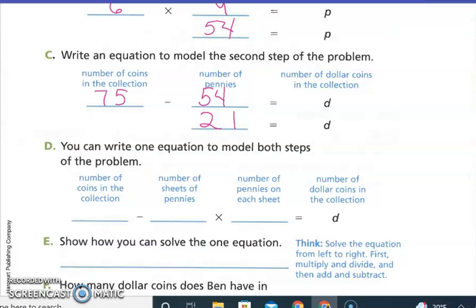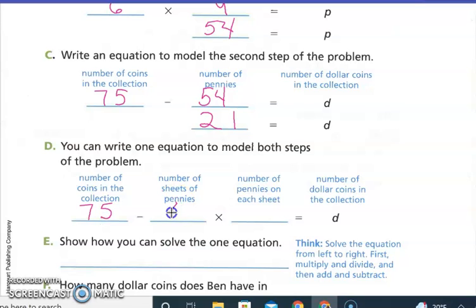Okay. You can write one equation to model both steps of the problem. There were a number of coins in the equation. So there were 75 coins in the equation. Number of sheets of pennies. How many sheets of pennies were there?